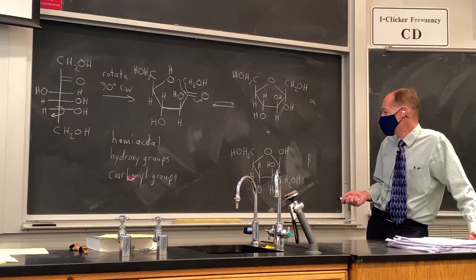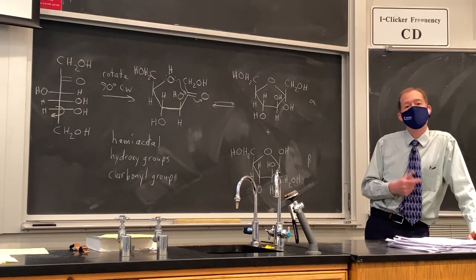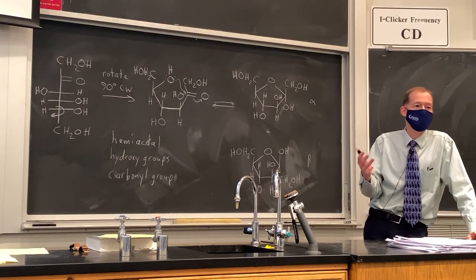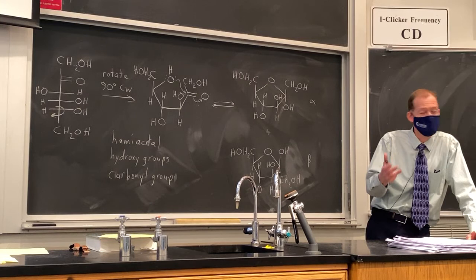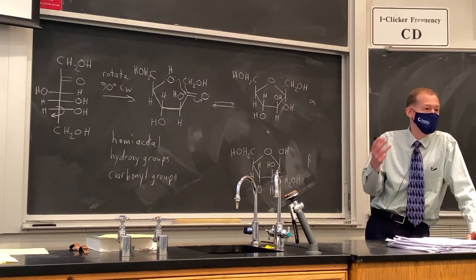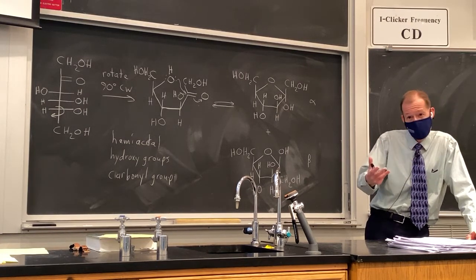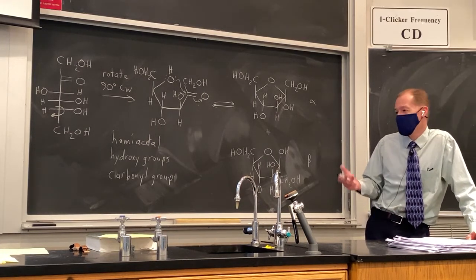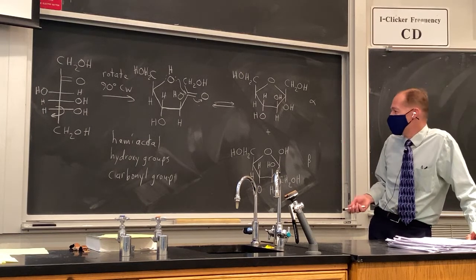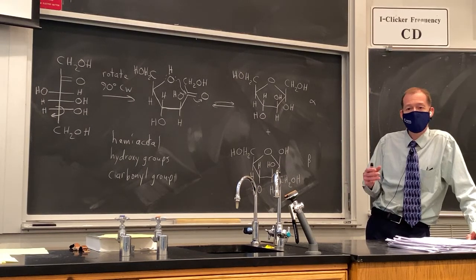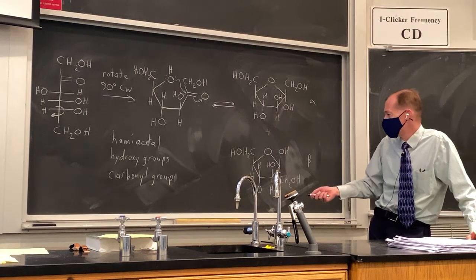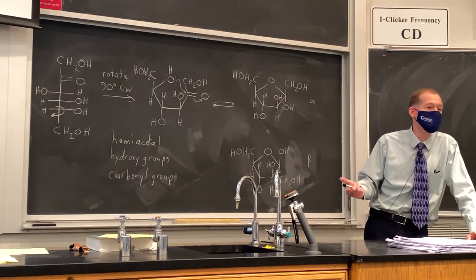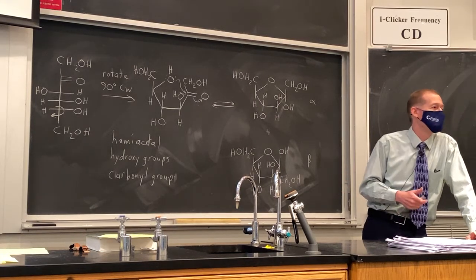So if we perform a reaction at the carbonyl group, such as a reduction or an oxidation, we can react the slightly less than 1% that's existing at equilibrium, and then according to Le Chatelier's principle, the equilibrium will adjust to make more of the acyclic aldehyde or ketone. So in this way, using Le Chatelier's principle, we could convert all of the monosaccharide into a product by a reaction at the carbonyl group, even though we would only have a small amount of that carbonyl group present at any given time. Any questions about that?